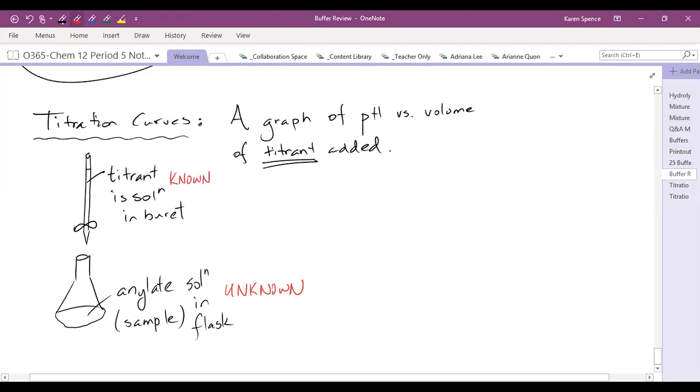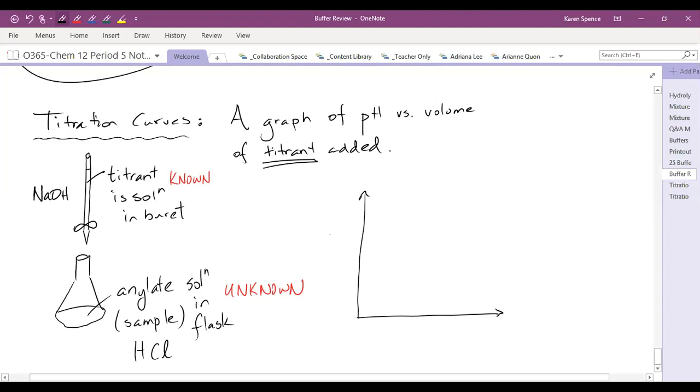So as we drip titrant, and in this case, let's say that the titrant is NaOH, into a flask containing the analyte, HCl, what's going to happen is, sorry, I need to label my axes before I do anything else.